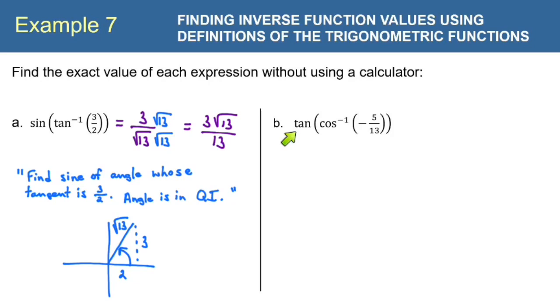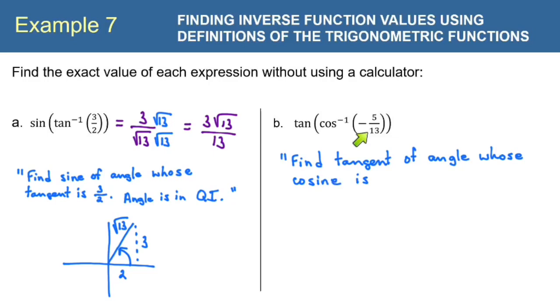And now let's look at part B together. It says find the tangent of an angle whose cosine is negative 5 over 13. We know that inverse cosine has to give us an answer that's either in quadrant 1 or quadrant 2. And because this cosine value is negative, now we're limited to quadrant 2.